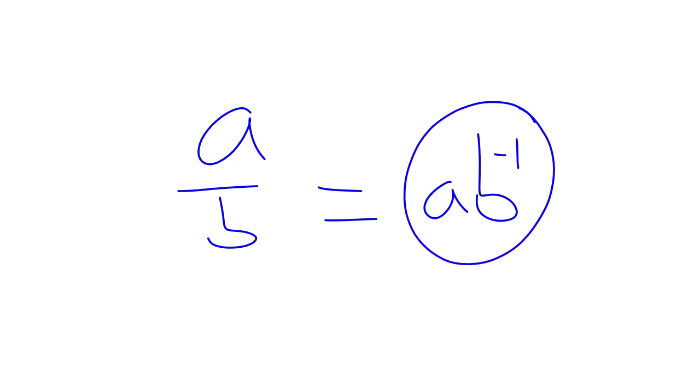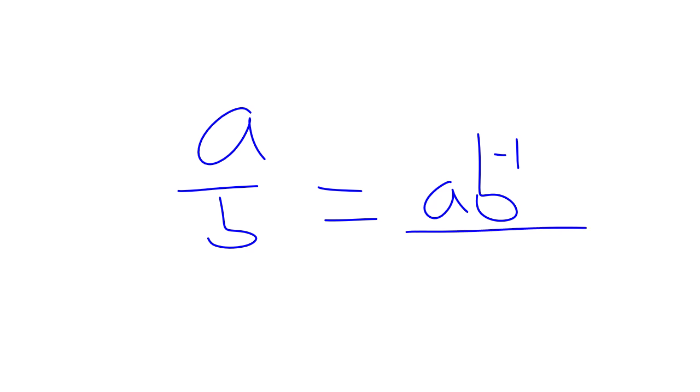For example, if we have a over b and you want to make b appear on top as a, you just say a, then b, but with an indication which is raised to the power of minus 1, because anybody seeing this will understand that you just want to put b and a on a straight line, and you don't want to write the division sign. So this is the way to do it.